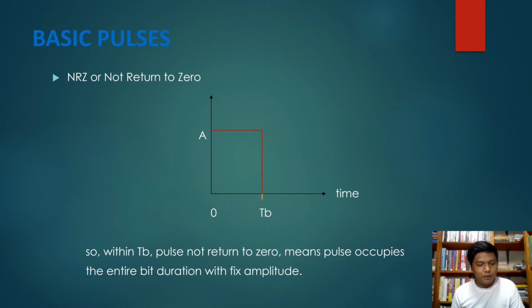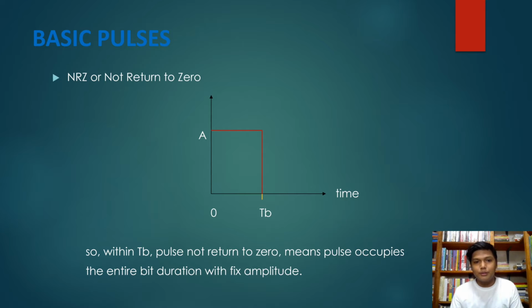Within TB, the pulse does not return to zero, meaning the pulse occupies the entire bit duration with a fixed amplitude.